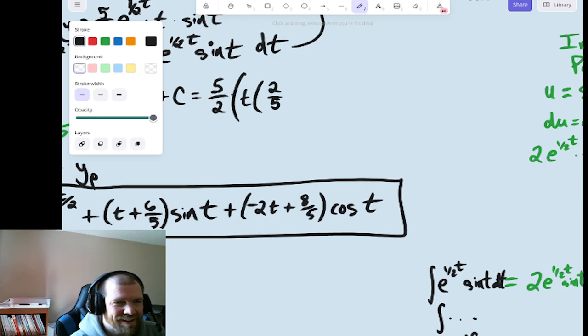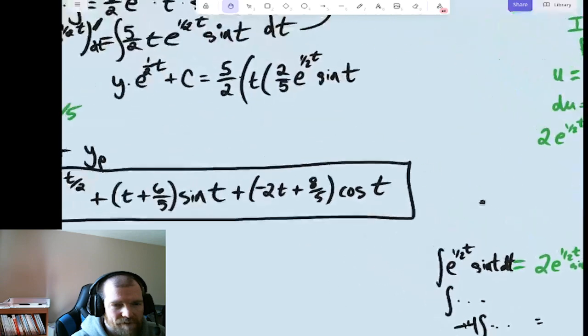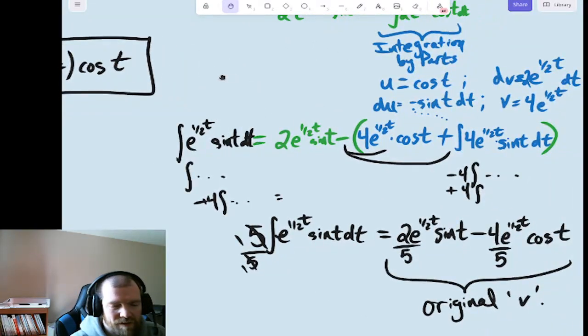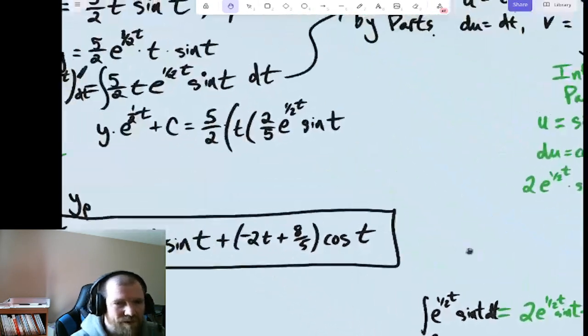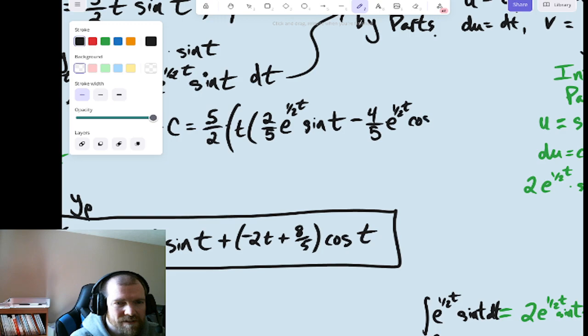Right. 2/5 e to the 1/2 t sine of t. That was a 2/5 e to that minus 4/5 e to the 1/2 t cosine of t.